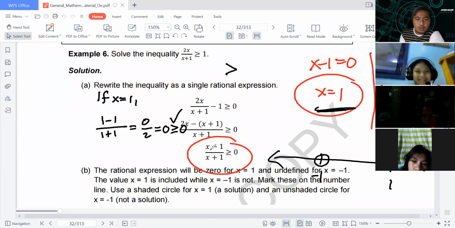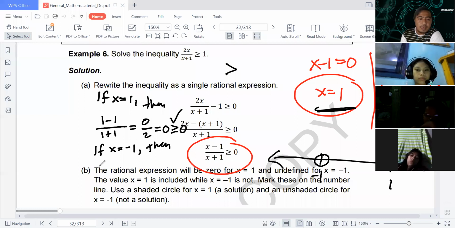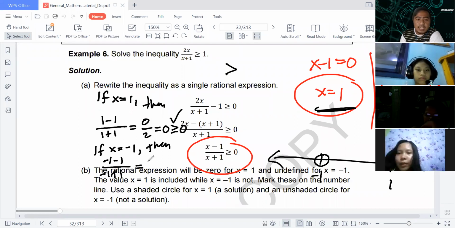What will happen to your inequality when your x is negative 1? If x is equal to negative 1, then what will happen? It will be undefined. Negative 1 minus 1 is negative 2, negative 1 plus 1 is 0. So it is negative 2 over 0, right? And it is undefined, right?